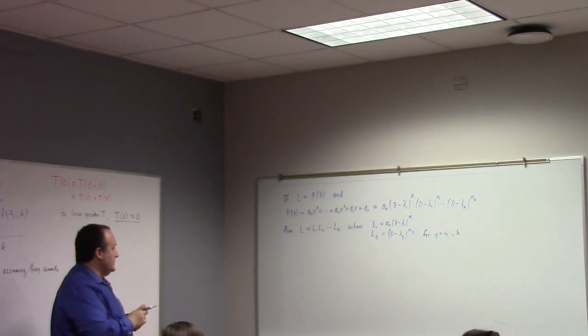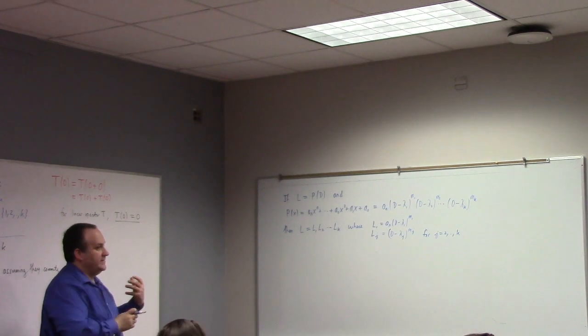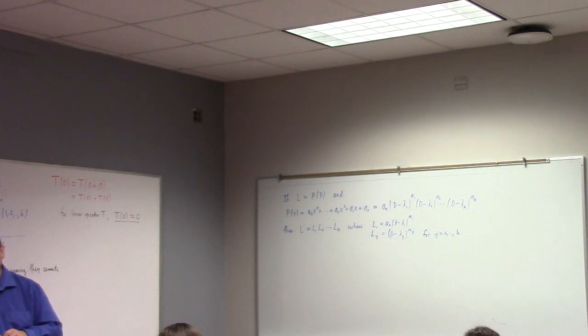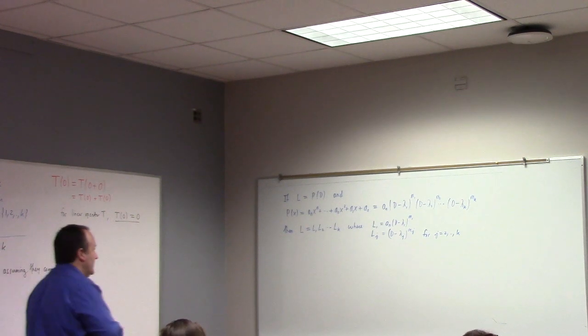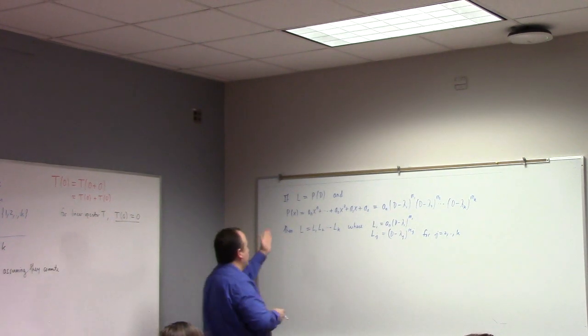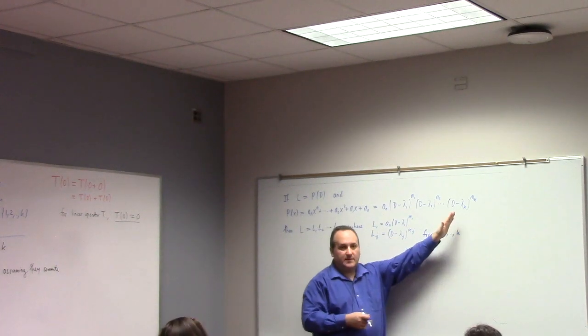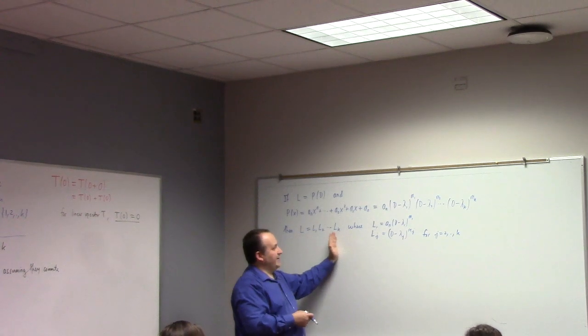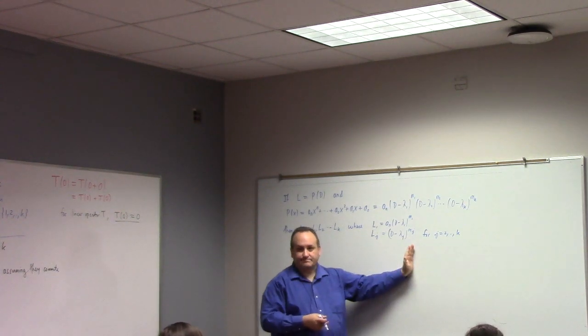So what I'm saying is, if your operator is a polynomial in the differentiation operator, then if that polynomial factors like so, you can write L as a product of operators in the same way.